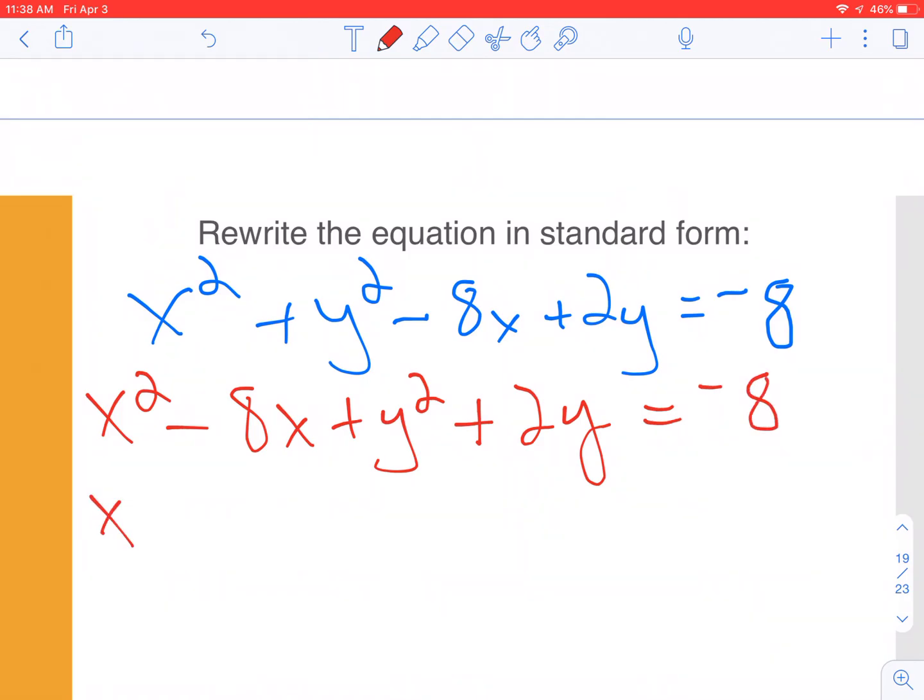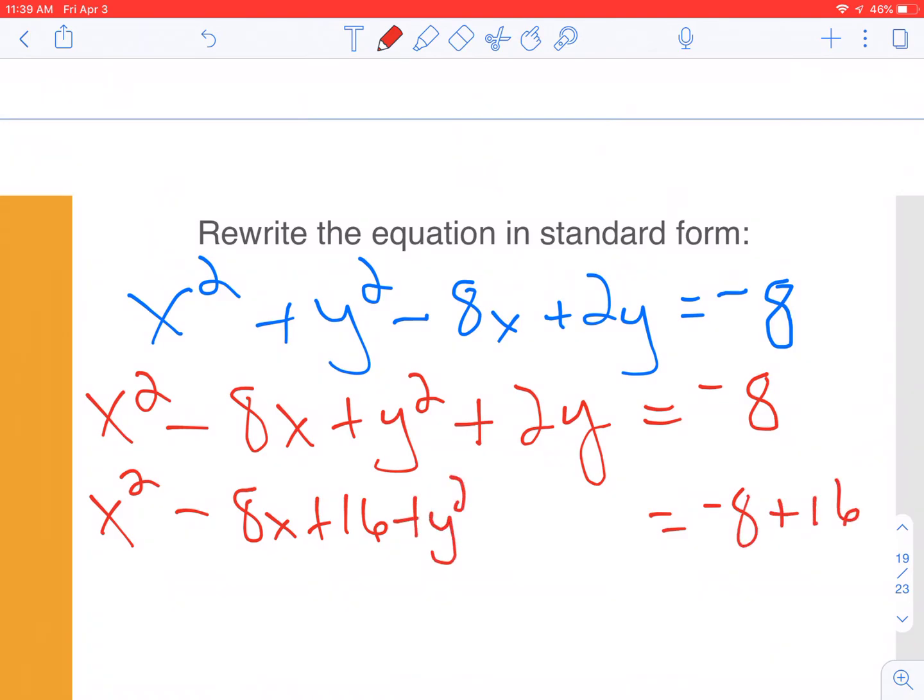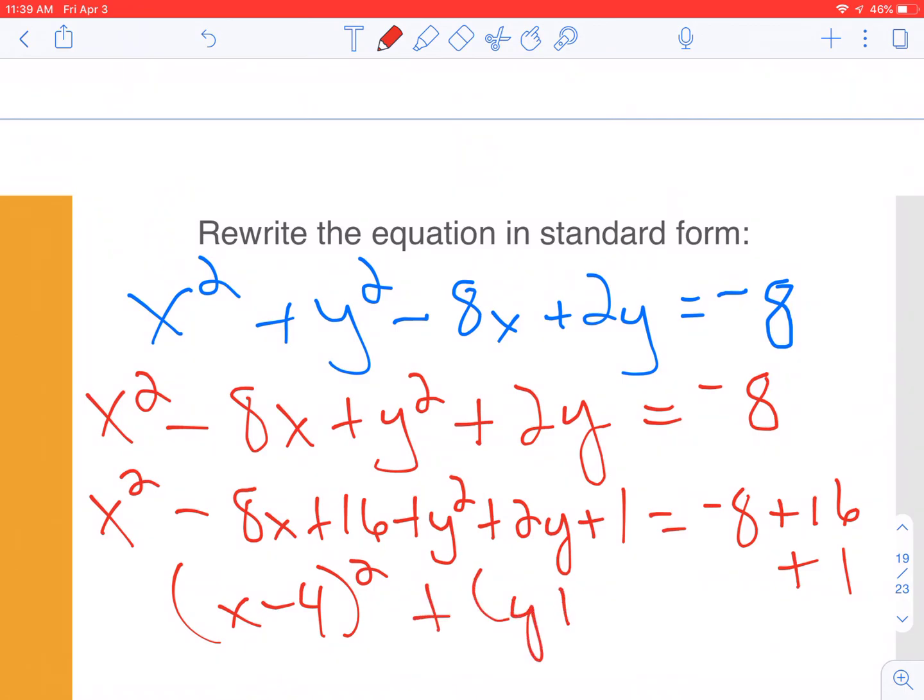Okay, half of 8 is 4. Squared is 16. I'm going to add a 16 over there. Plus y squared plus 2y. Half of 2 is 1. 1 squared is 1. Plus 1. (x - 4) squared plus (y + 1) squared equals, I add all those up and I'm going to get 9.